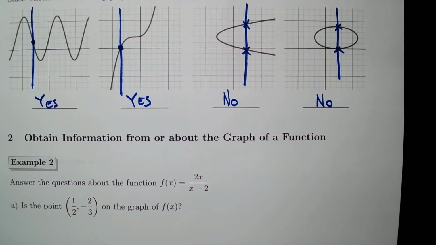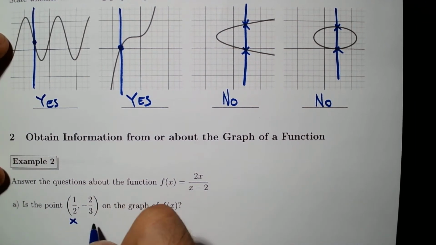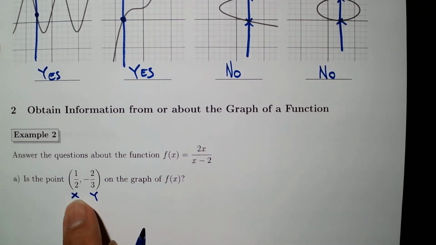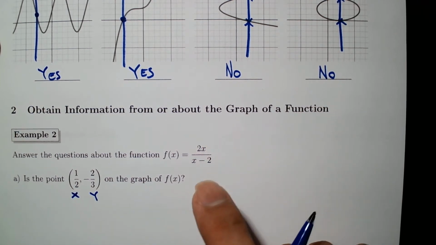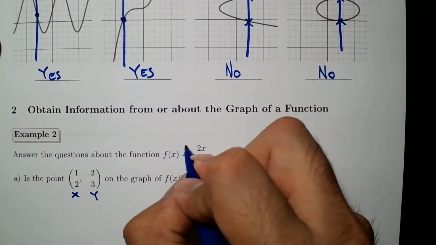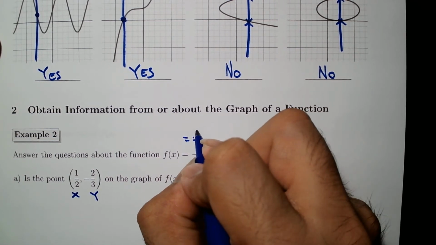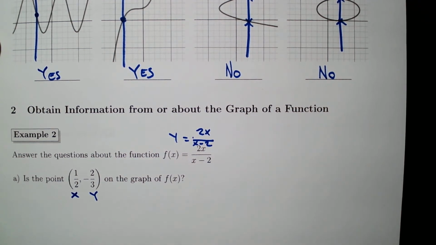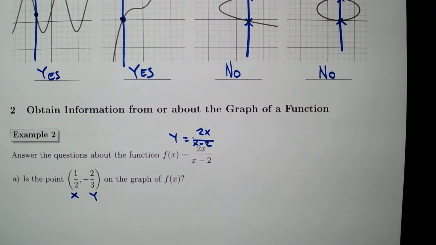Well, in order to determine that, keep in mind that this is x and this is y. So what are we going to do? We're going to plug in 1/2 wherever we see the letter x, and y, which is really f of x, we plug on the left side.